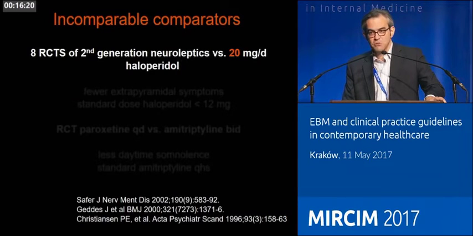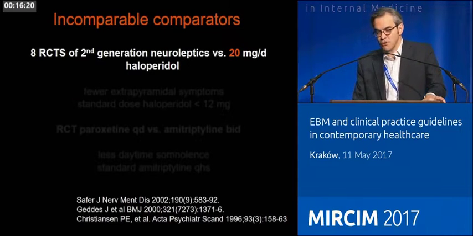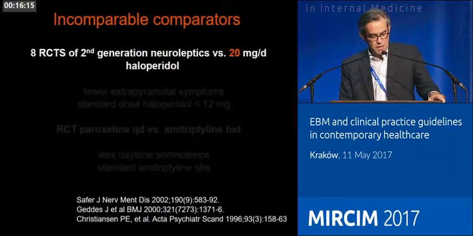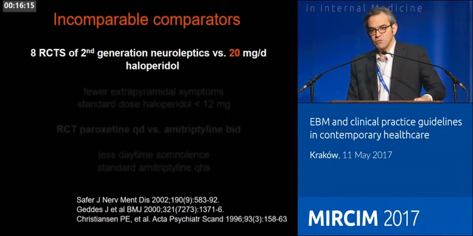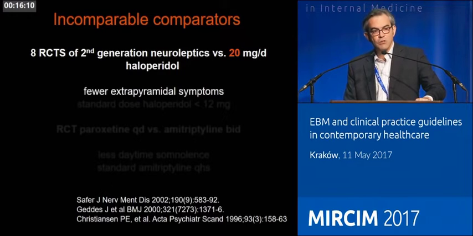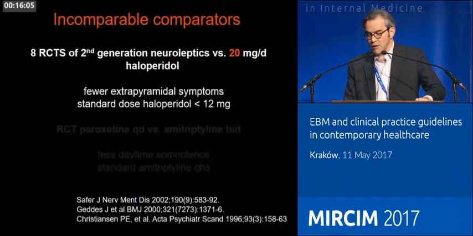Somehow the psychiatrists do this very well. And so there are 8 trials of antipsychotic medication in which the new generation antipsychotics were compared with very high doses of haloperidol, only to demonstrate the obvious that the newer ones were safer but if you take into account that in clinical practice we will use a much lower dose of haloperidol, if at all, then this comparison is unfair.